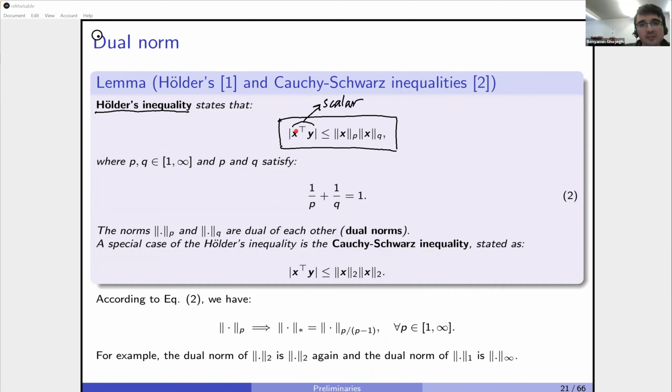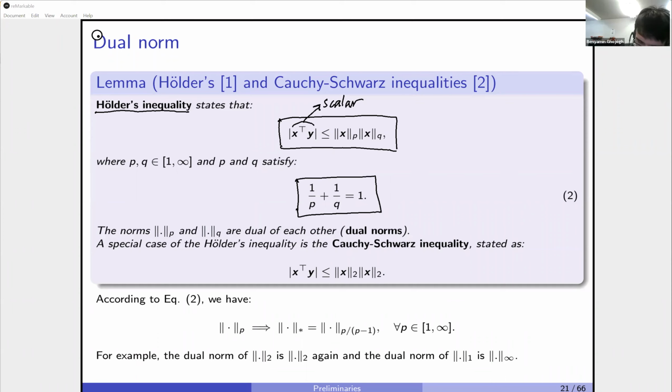Because if you remember, when I was introducing the inner product, I said the inner product output is always a scalar. The absolute value of x transpose y is less than or equal to the LP norm of x times the LQ norm of y, where P and Q satisfy this equation. So 1 over P plus 1 over Q is always 1.